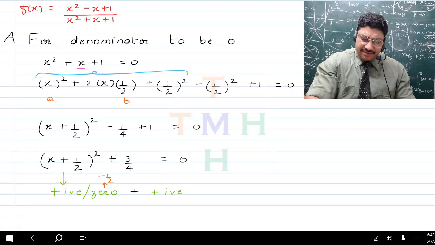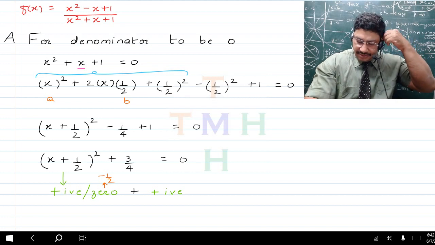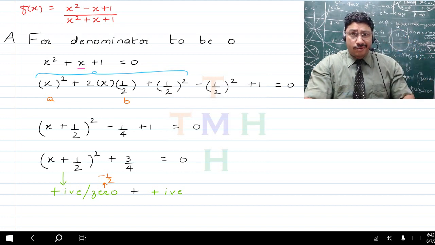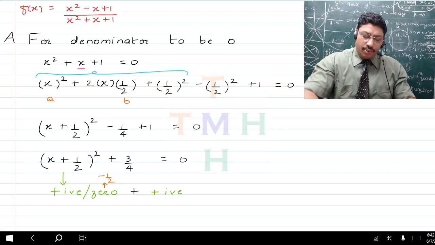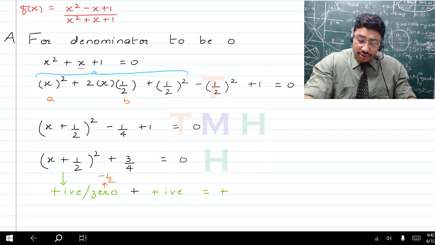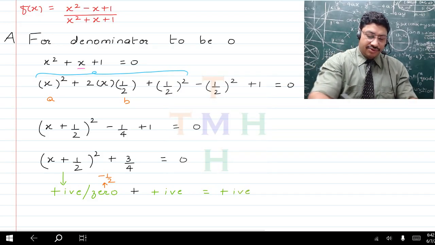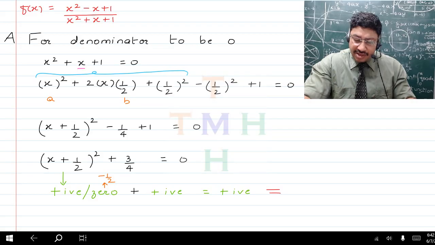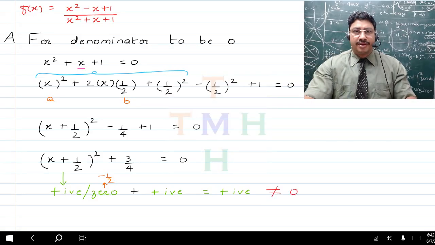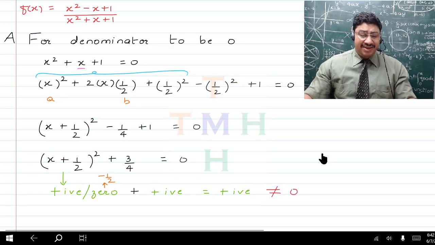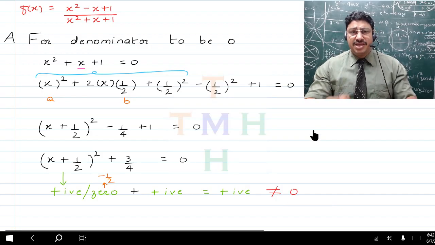So as such, even if the first term becomes equal to 0, even then we'll be left with this positive number. As such, their sum will become equal to 3 upon 4, which indeed is going to be a positive number, right? And as such children, this can never be equal to 0, right? And thus we have this denominator which can never be equal to 0.